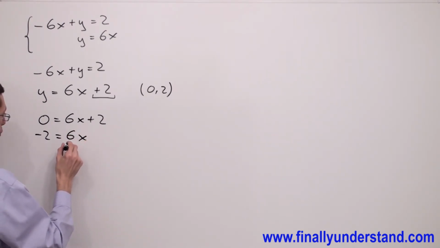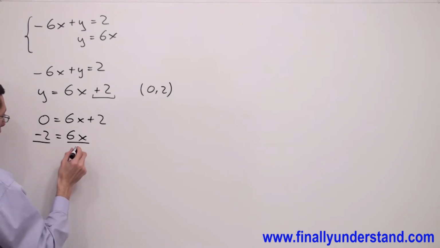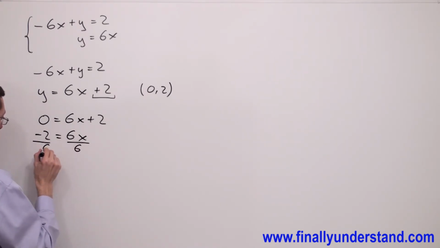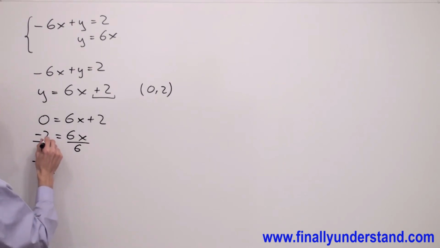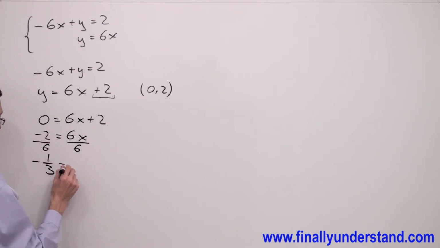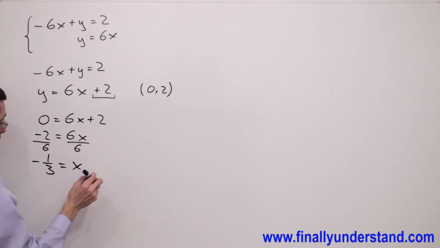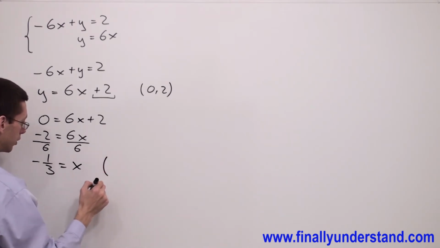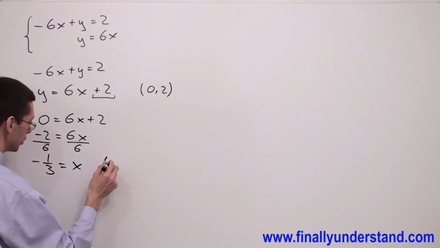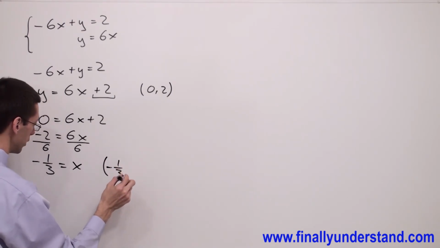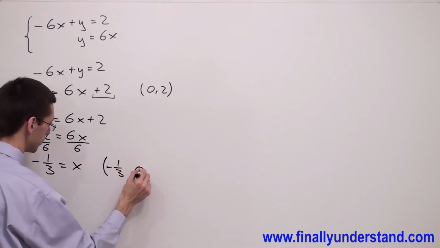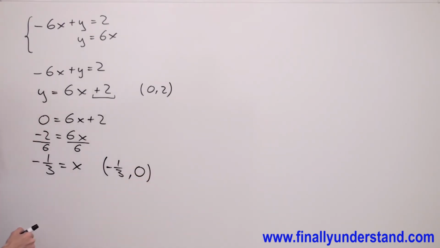Okay? Divide both sides of the equation by 6. So I have negative 1/3, because I'm supposed to reduce this fraction, is equal to x. So I can say that my x-intercept has coordinates negative 1/3 and 0, okay, because this is my x-intercept.